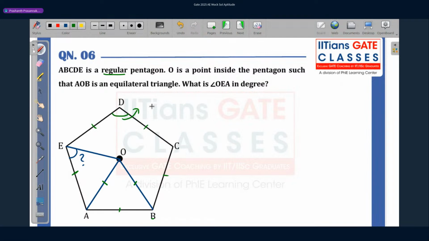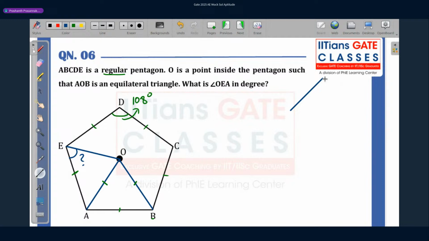Come on, guys, someone tell this. What's the internal angle? The internal angle is 108 degrees. Should I derive this? Or does everyone know this? Derive it.